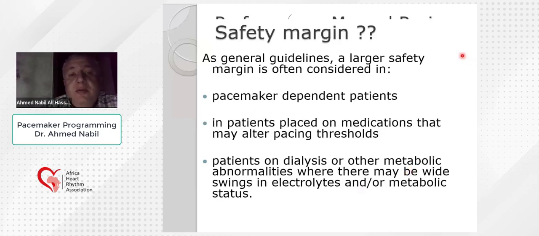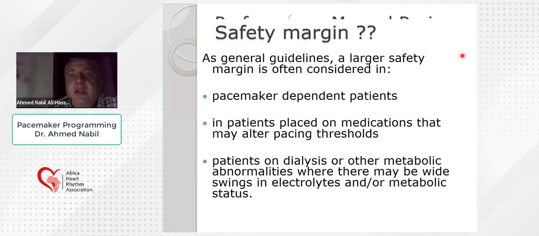Sometimes we give a safety margin that is more than double in some situations in which we are a bit worried about the patient, like patients who are dependent on the pacemaker, who do not have any intrinsic rhythm. These patients are very sensitive, and I cannot narrow the safety margin.